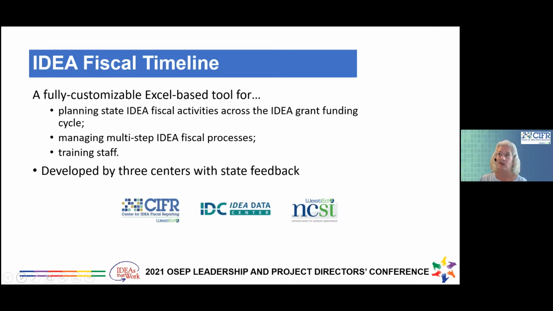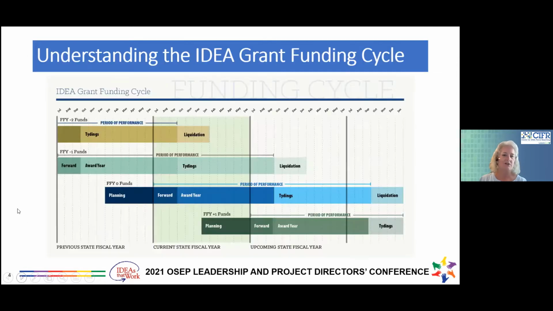Now that you have it downloaded, we're going to spend a little time looking at one of the documents that are included in that download, and it's called Understanding the IDA Grant Funding Cycle. When you think about the grant funding cycle, we all know it's a complex tool.